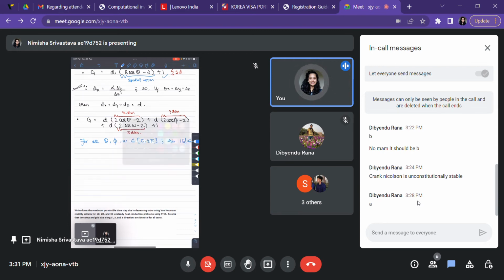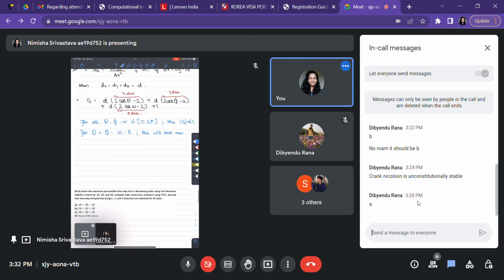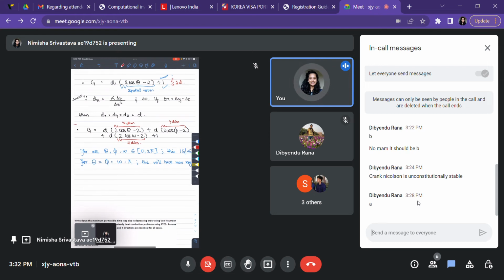So I'm going to put cos theta equal to phi equal to omega equal to pi. This will have maximum magnitude. This expression is for 3D.